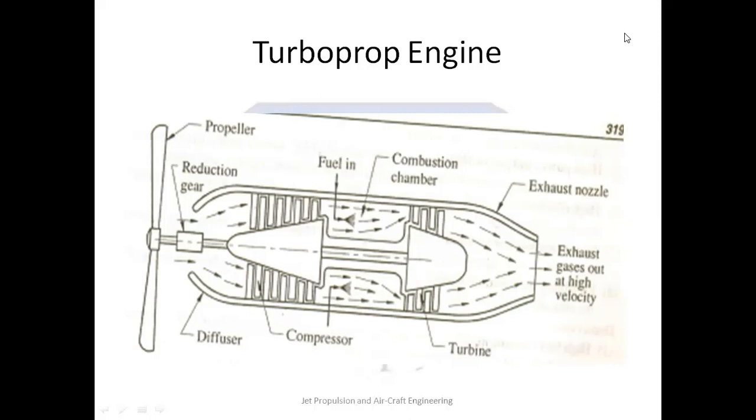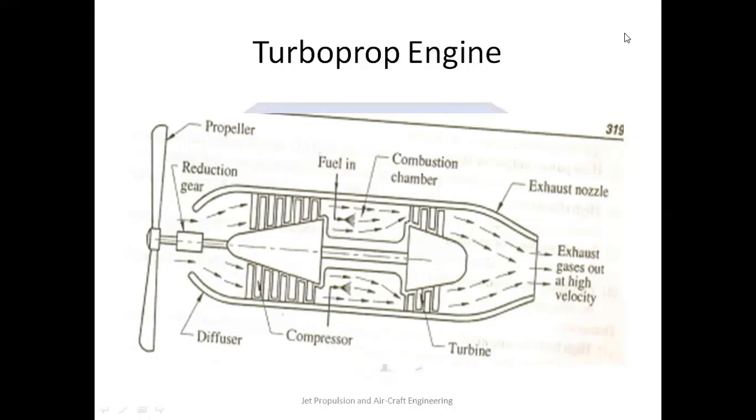A propeller is attached with the compressor with reduction gear, and the function of reduction gear is to reduce the speed of the propeller. Now, all the different components work as we have seen in turbojet engine, except the propeller. Propeller is used to push the large amount of air in backward direction to achieve the higher thrust.